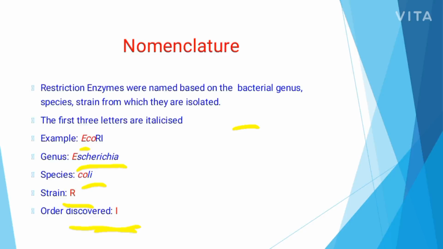Okay, in the nomenclature, the first 3 letters are written in italics, and the first letter represents genus Escherichia, the next 2 letters represent the species coli, the fourth letter represents the strain, Escherichia coli R strain, and the last one is given in the form of a Roman numeral and it gives the order in which it is discovered.